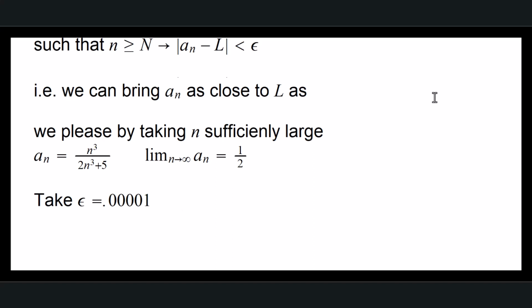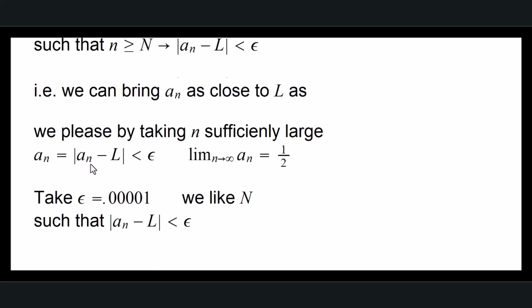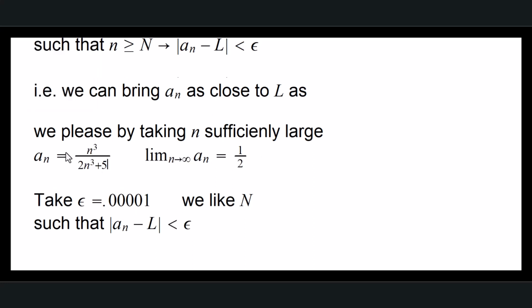Then what we want is an N such that a_n, that is this, minus L, that is 1/2, is less than how much? 0.00001.